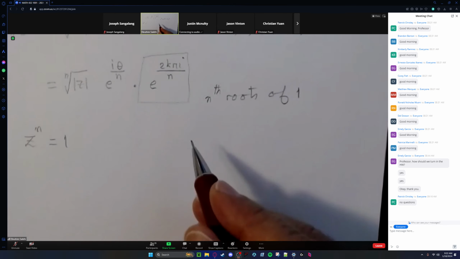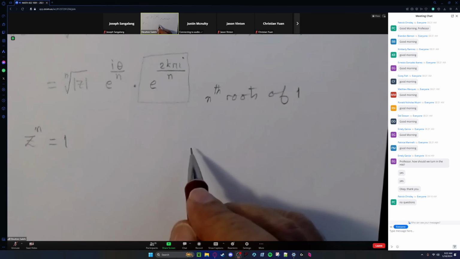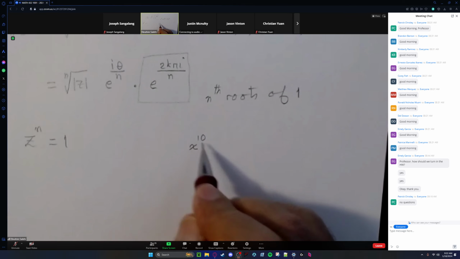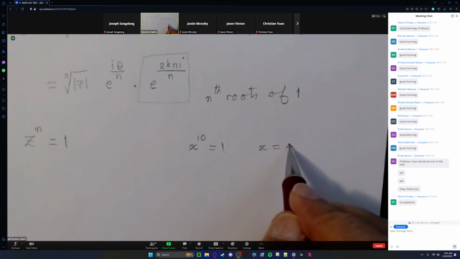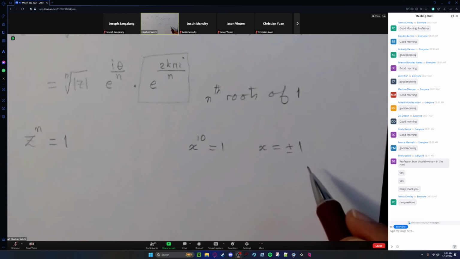For example, when you want to do x to the 10 equal 1, you only get x equal plus minus 1. That's it. The remaining will be complex numbers, right?